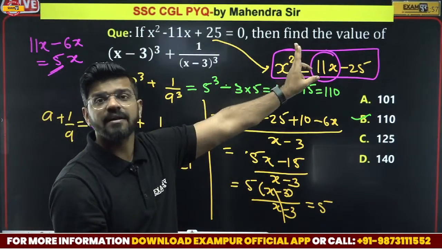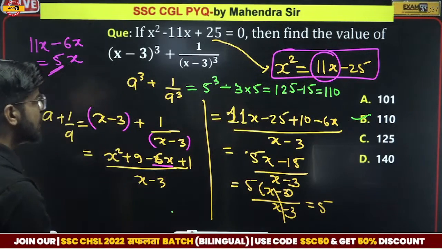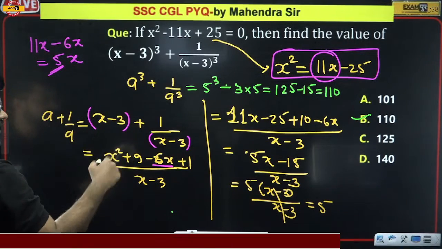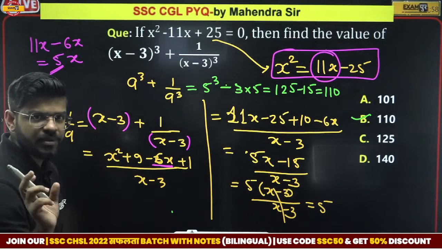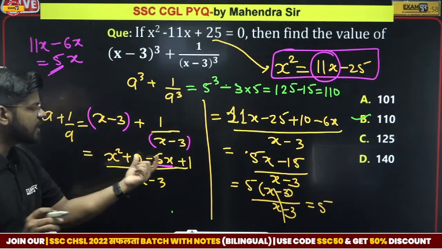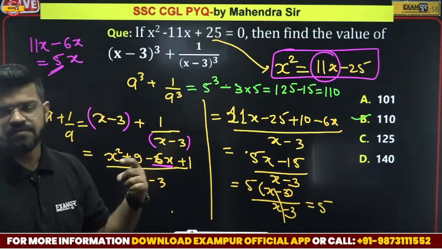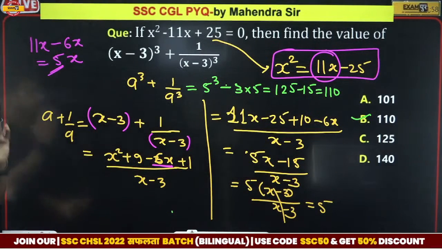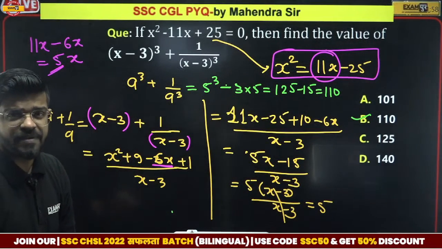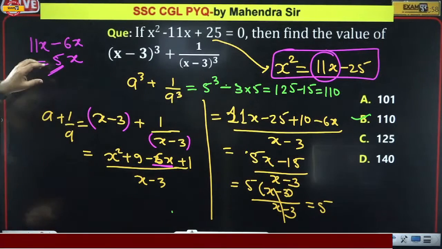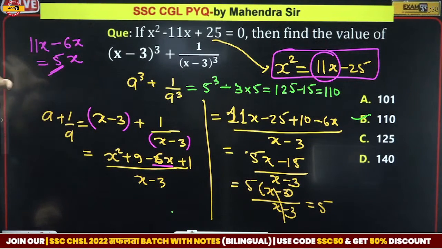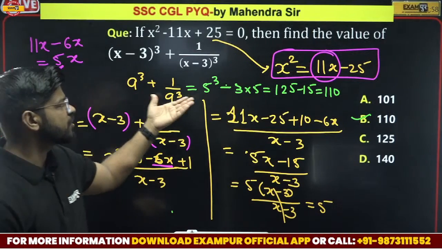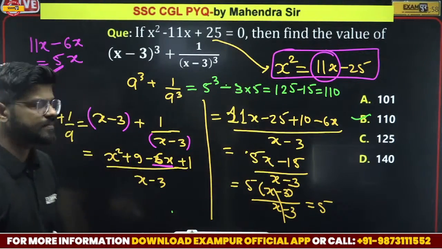I am getting 11x positive, and when we find (x minus 3) whole square, we get minus 6x here. This we can calculate in mind easily, right? So this will give you 5x, and you just ignore x, you will get the 5. And 5 is my a plus 1 upon a value. Just put it here and solve the question.